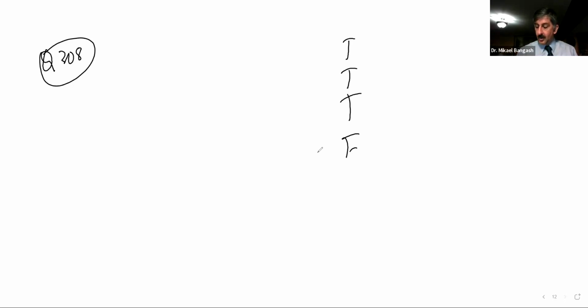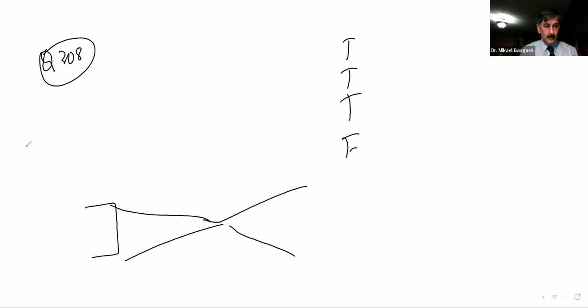Statement 1 says it is at the end of the near zone. Guys, if this here was your beam, now this is your near zone, and what do you have at the end of the near zone? Your focus. So A is true.